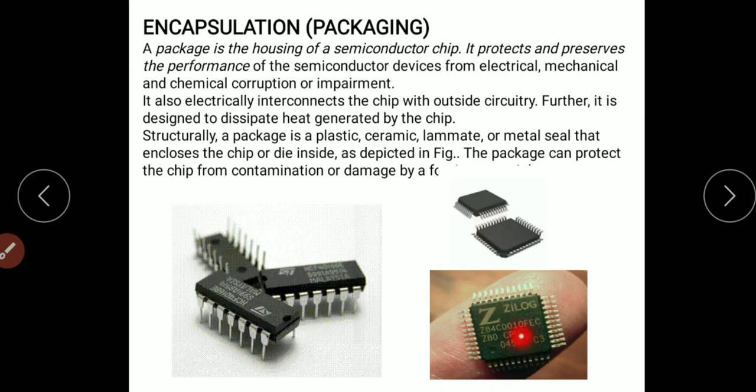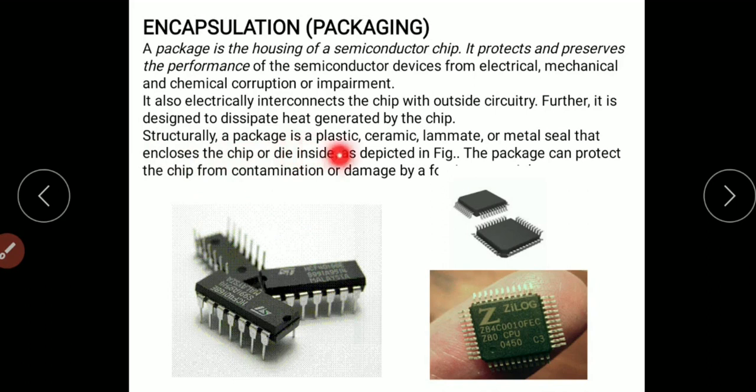Otherwise, it cannot work properly. If any small particle falls down, then it can malfunction. That's why you have to protect that die from dust, from temperature, from other environmental problems. So for that purpose you have to seal it.